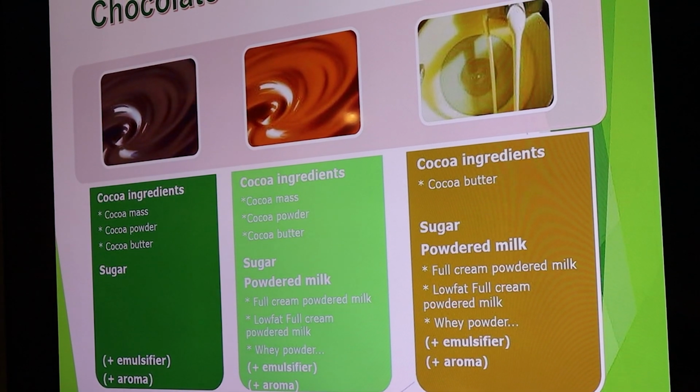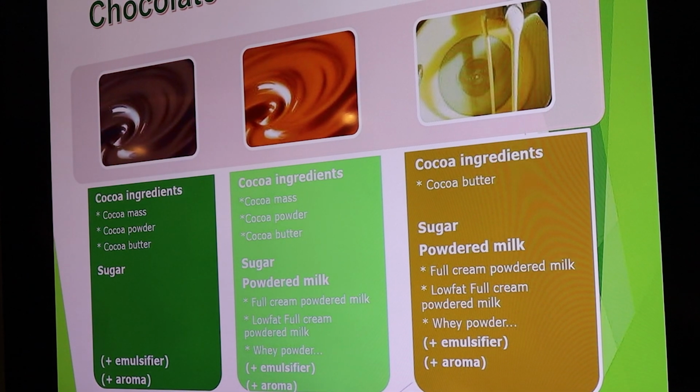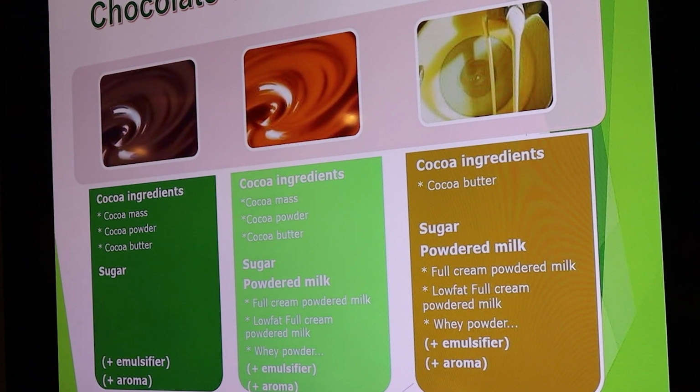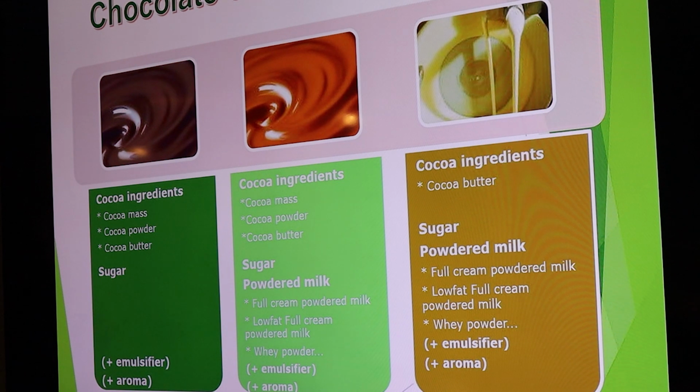Milk chocolate, the same story. Here you have full cream powdered milk. It can be full cream, it can be low fat, there can be different types of milk powder, even caramelized milk powder.